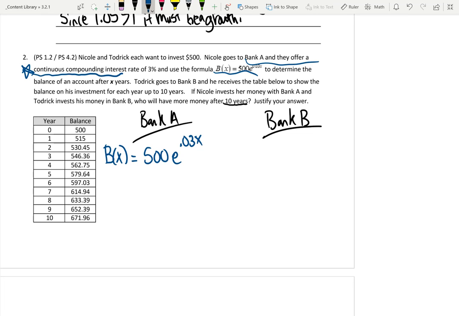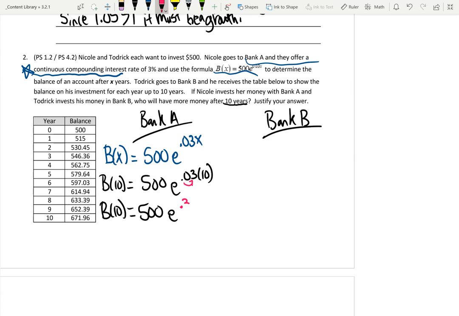Now, I need to plug it in for 10 years. So B of 10 is going to be equal to 500e^(0.03 times 10). And I can actually simplify this before I plug it into a calculator because knowing how decimals work, when you multiply by 10, I'm going to just move it over once. So it's going to be 0.3.